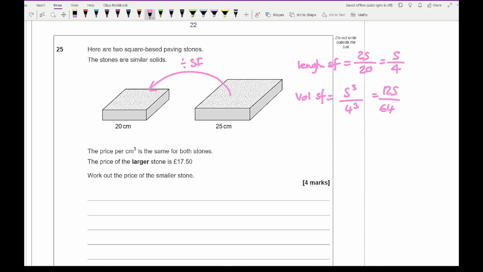So we want to work out the price. The price of the larger one is £17.50. So if we divide that by 125 over 64, we get an answer of £8.96, which makes sense because we're buying a smaller paving stone. So we should expect an answer that's smaller than £17.50.